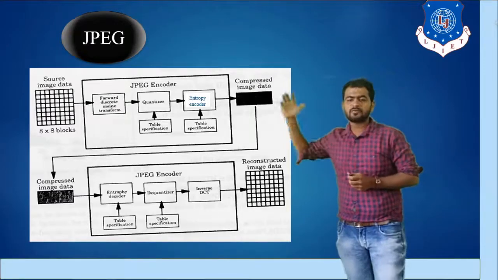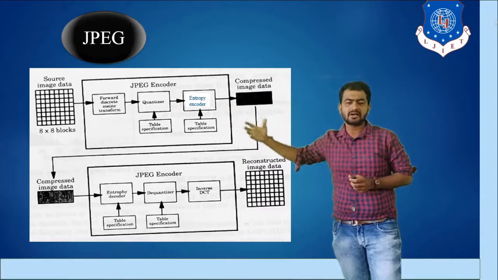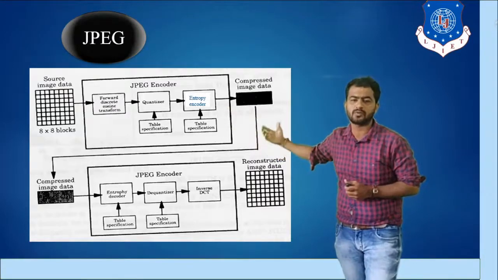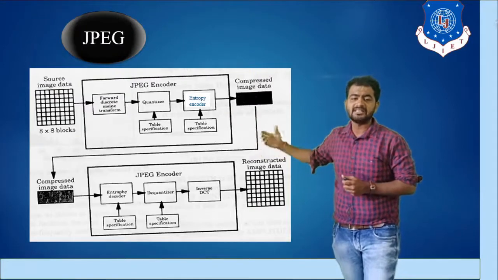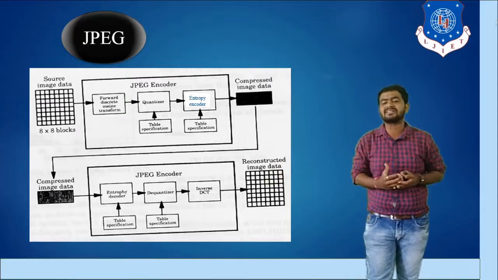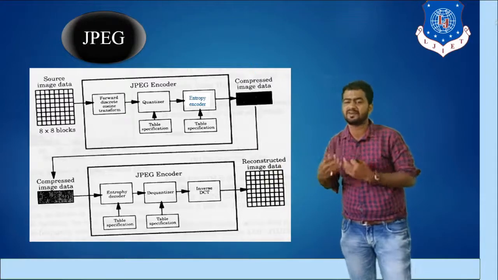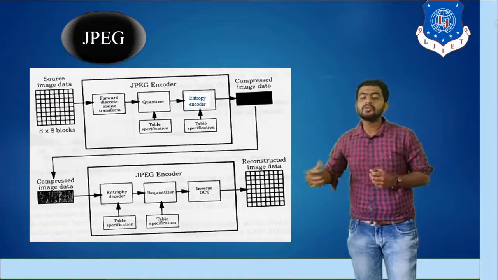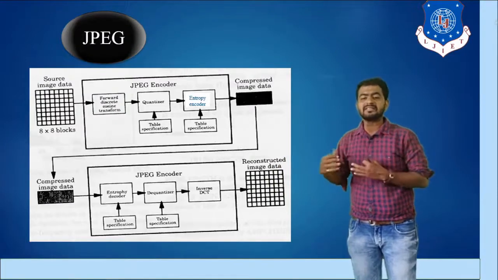Right now we are taking an 8 cross 8 matrix, to which we apply the JPEG compression technique. In JPEG we use the forward transformation, the discrete cosine transform, which works on low frequency content and removes the high frequency components. Because of that it reduces different types of noise and uncertain data.